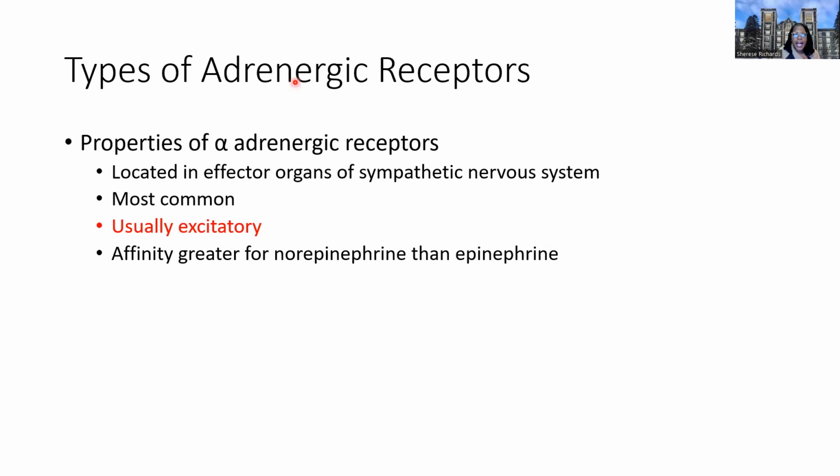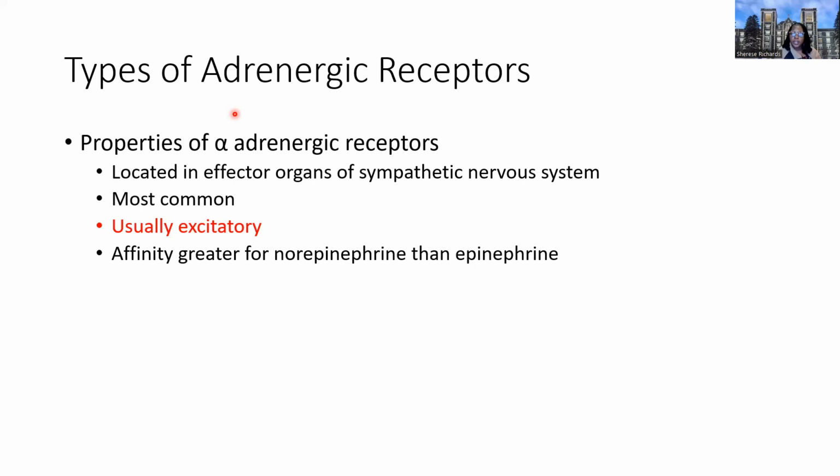Thinking about the alpha adrenergic receptors, these are going to be the most abundant throughout the body. They are usually found on different types of effector organs, and we'll talk about how they differ between alpha 1 and alpha 2. They are usually excitatory, and excitatory here means that they stimulate the tissue. A good example is contraction versus dilation, because a lot of alpha adrenergic receptors are found on the smooth muscle inside blood vessels.